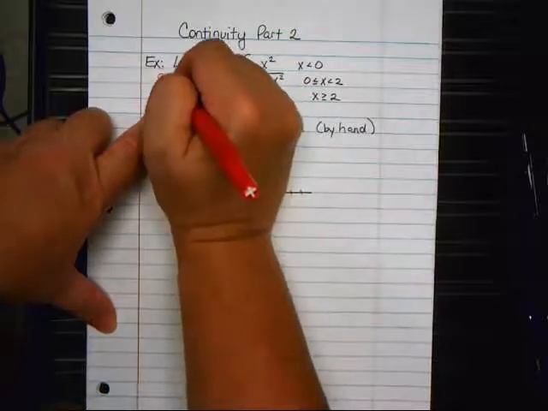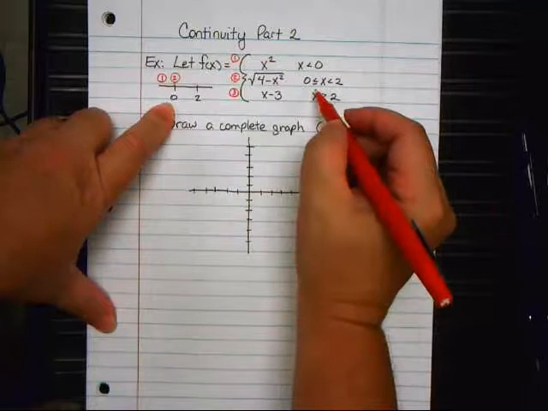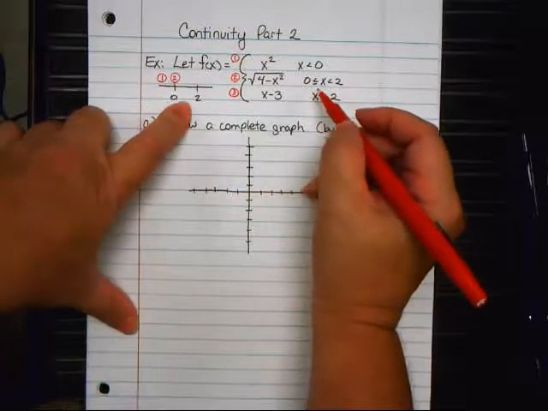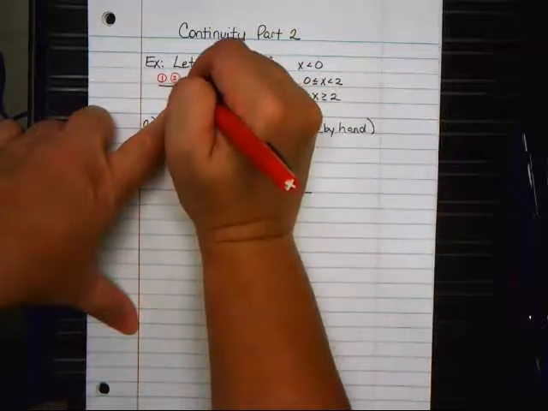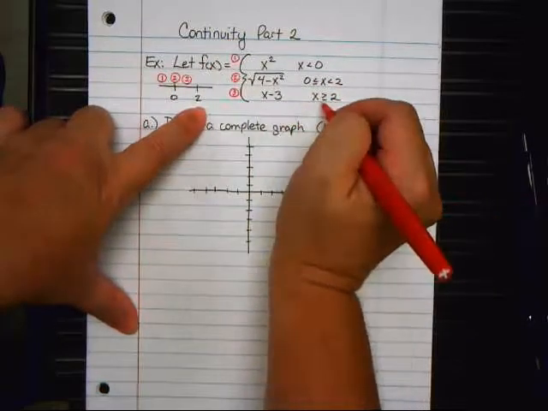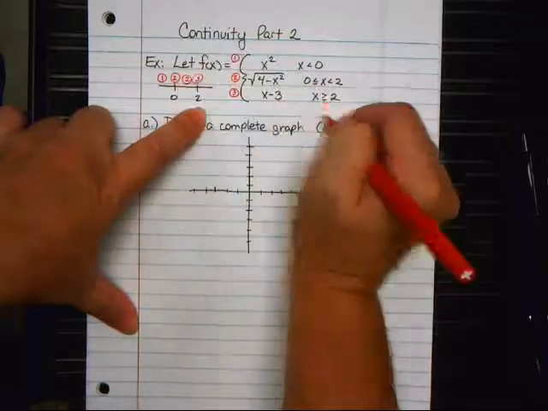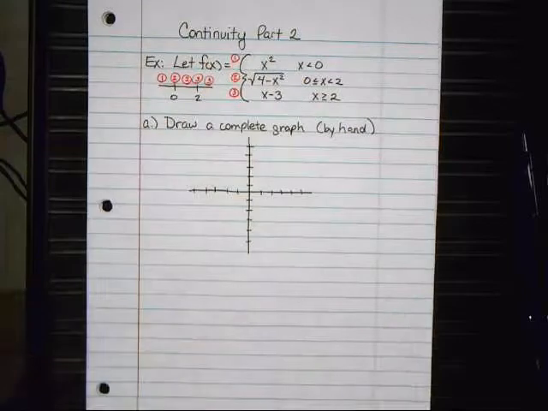Why? Because it's less than or equal to. Which one's defined between 0 and 2? 2 is also. What about right at 2? That is 3, because it's equal to on the third equation, and then 3 is the equation to the far right. Okay?